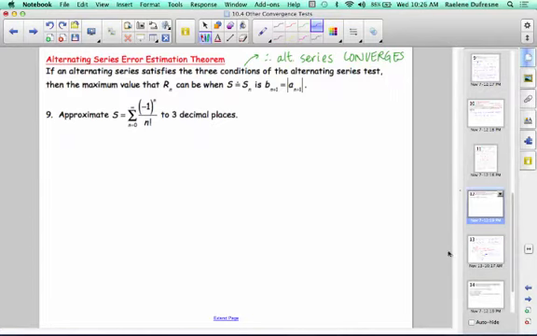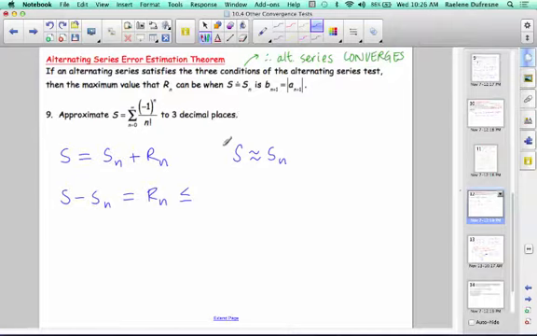In number 9, we want to approximate the sum of the series to 3 decimal places. So what we want is for S, which is given by Sn plus Rn, to be approximated. We want S to be approximated by Sn. And what we need then is that the difference between S and Sn, which is the remainder, to be at most some number. Well, what is that number if the difference between these two things is at most 3 decimal places?